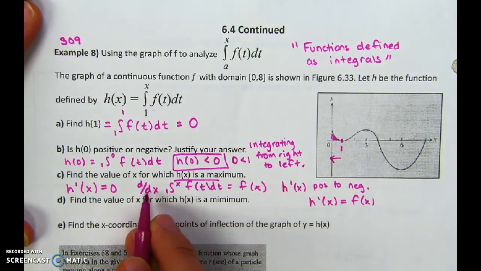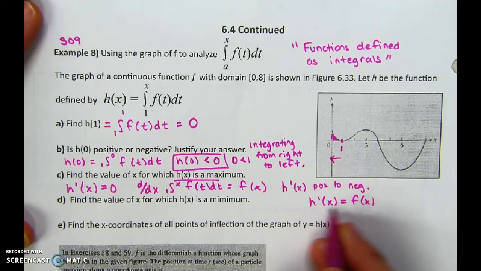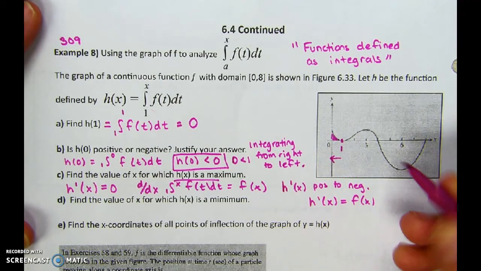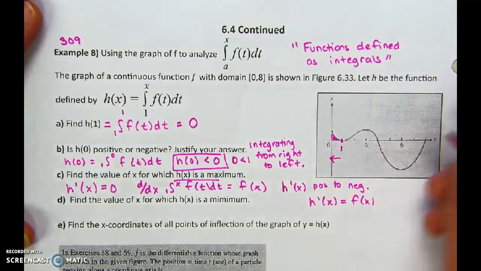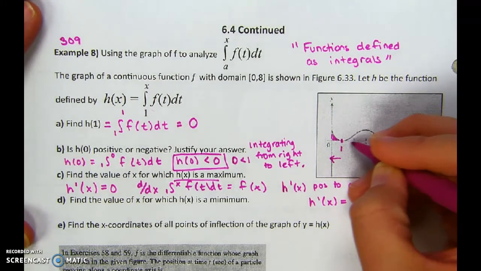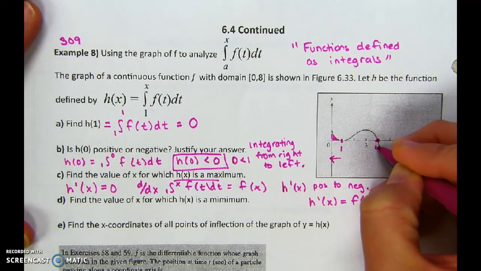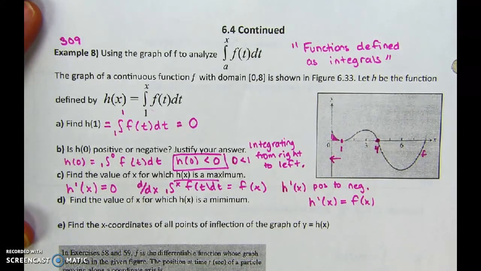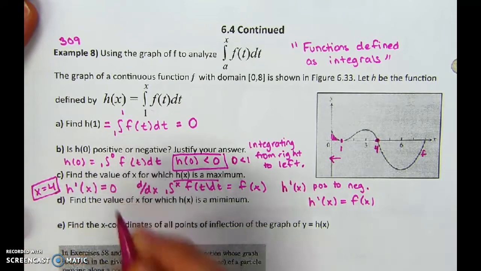That's what we did here. h prime equals f of x. So where does f of x change from positive to negative? Positive, positive, positive, because this is the graph of f. Positive, positive, positive, positive to negative. So what is this? We're at 4. So at x equals 4.